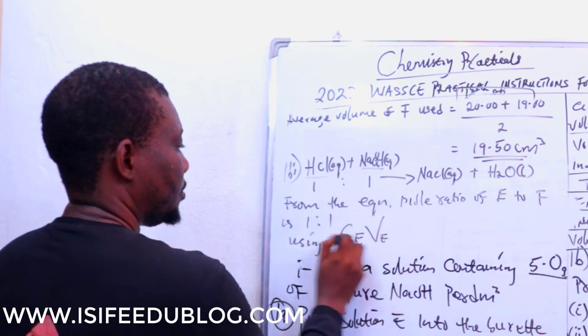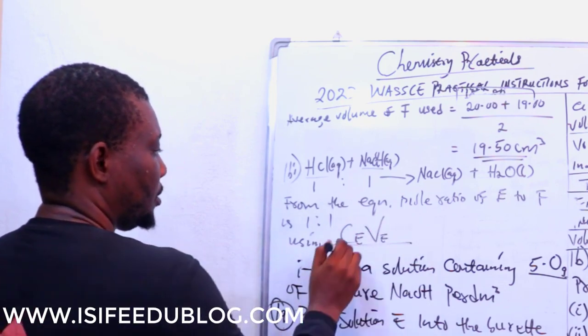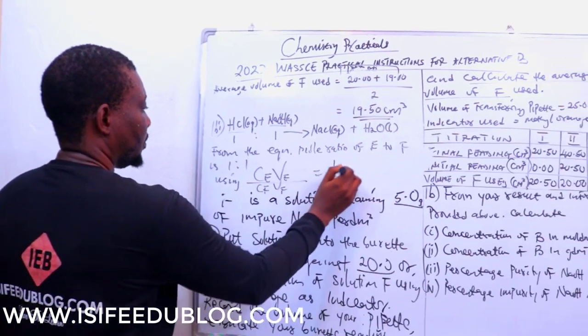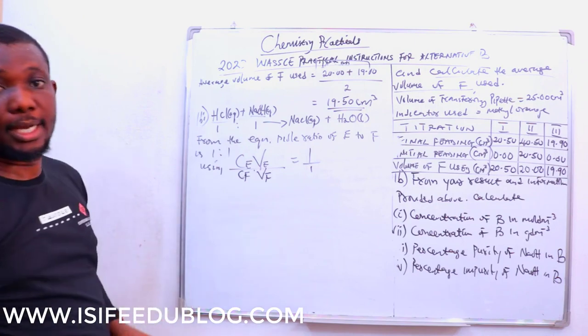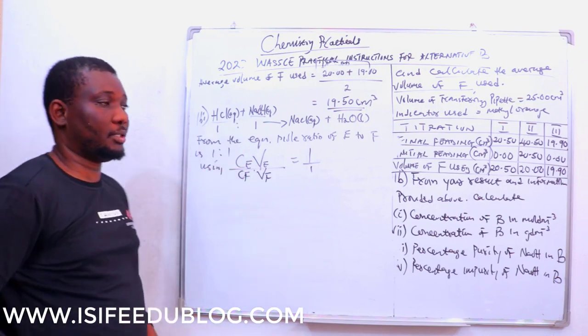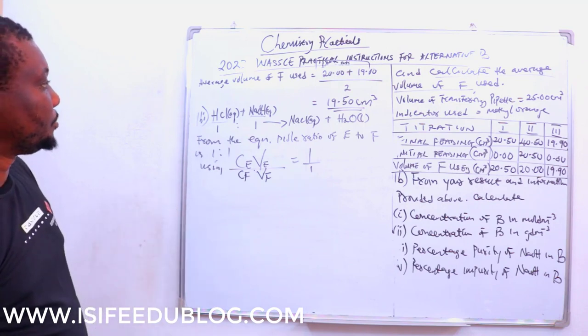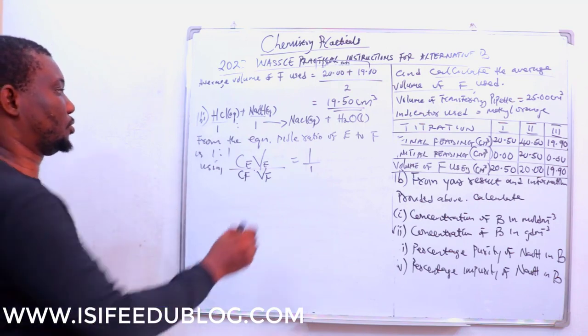So using CE VE all over CF VF is equal to 1/1. That is the regular titration formula. So we substitute.